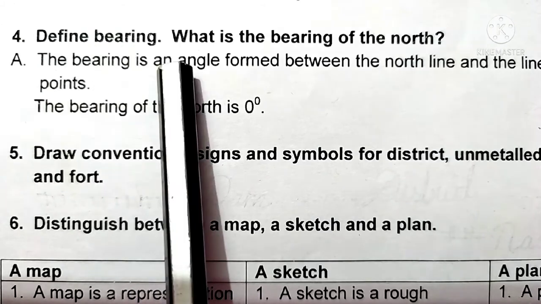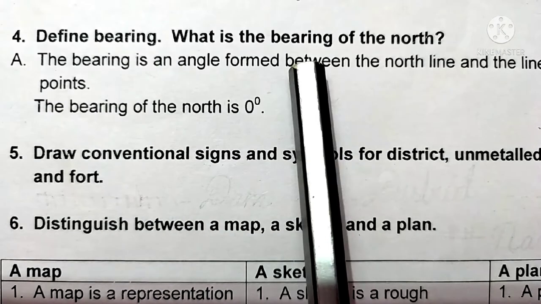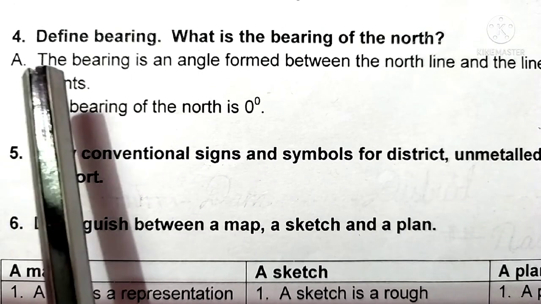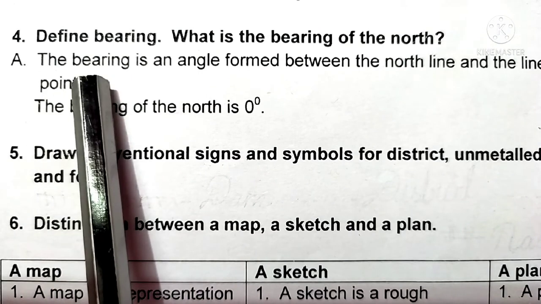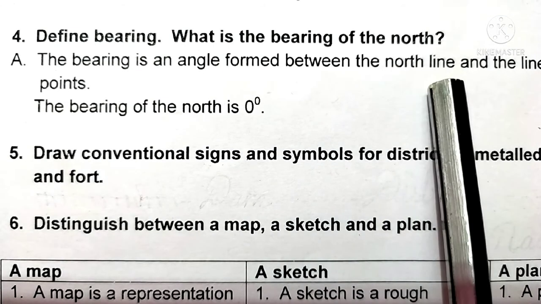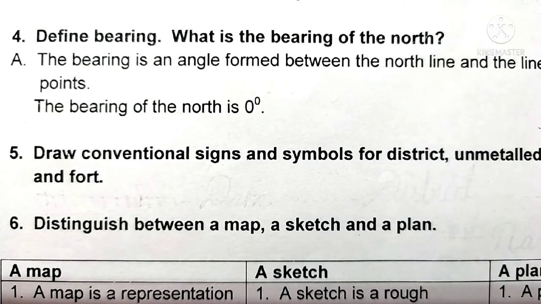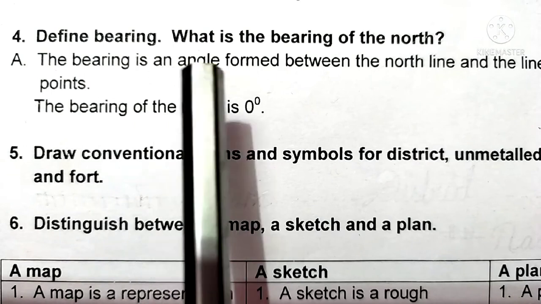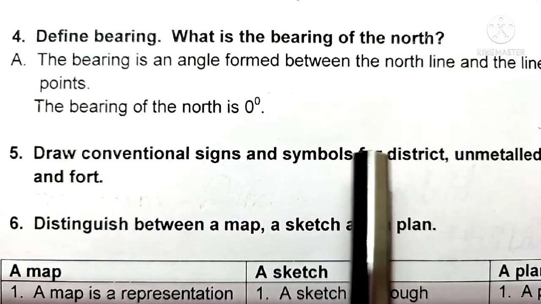Define bearing. What is the bearing of the north? Answer. The bearing is an angle formed between the north line and the line joining the 2 given points. Actually, bearing is nothing but an angle which is formed between the north line.